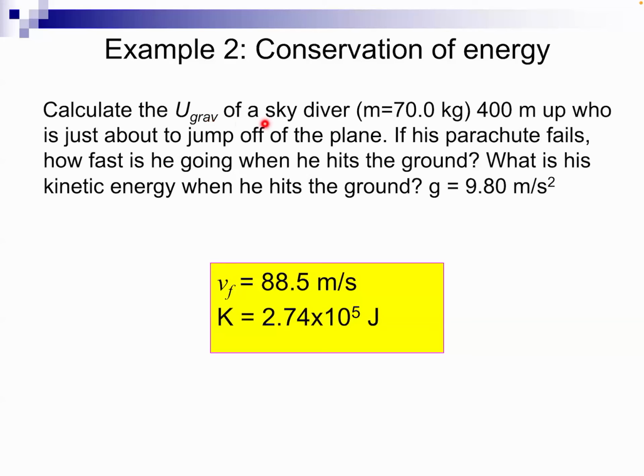So you have a skydiver with a mass of 70 kilograms. The skydiver is 400 meters up. He or she is just about to jump off the plane. If his or her parachute fails, how fast will this skydiver be going when he or she hits the ground?